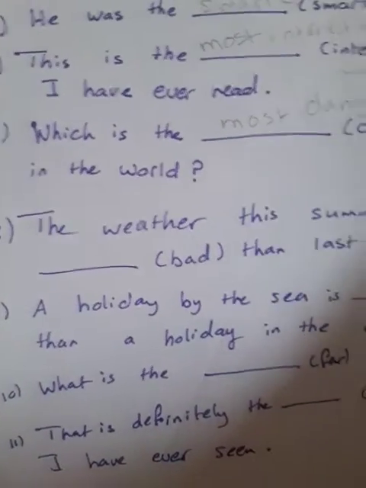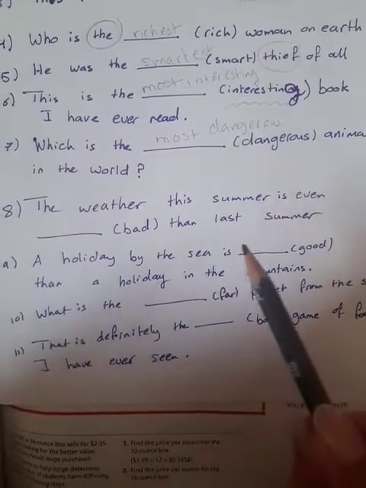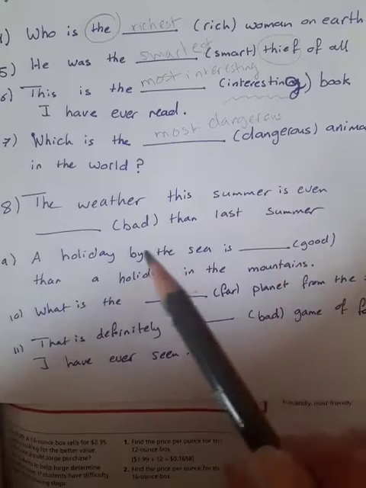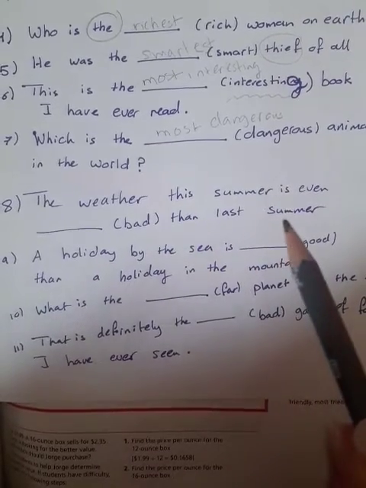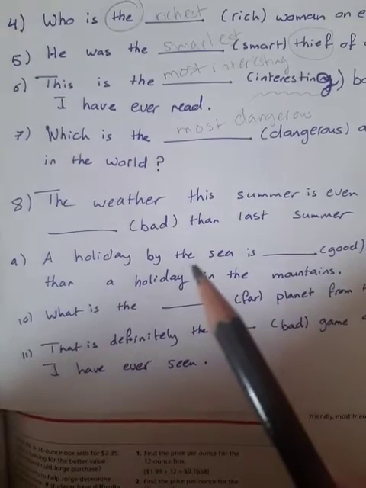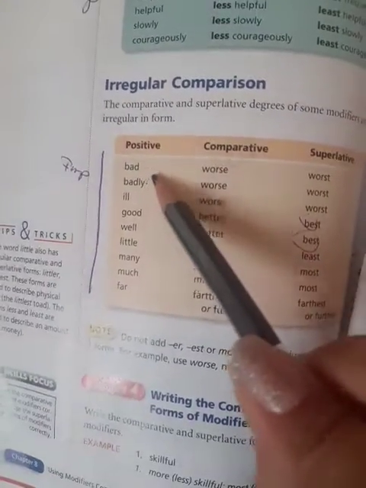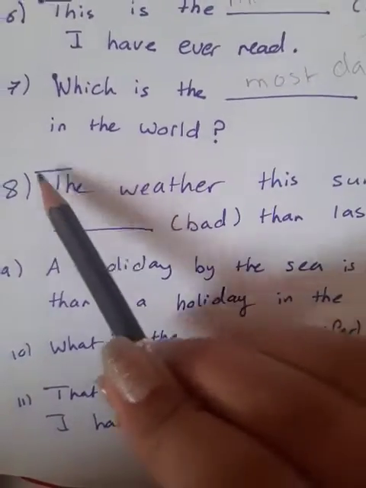Now look at point number 8. The weather this summer is even bad than last summer. Now here the adjective is bad, and if you refer to page 266, you can find that bad is an irregular form, right? So now let's move again to sentence number 8.